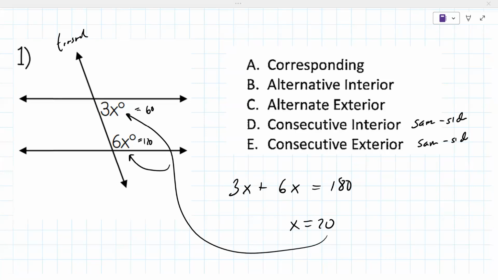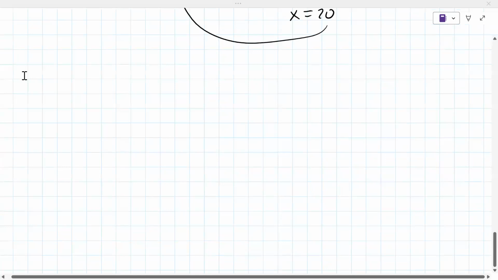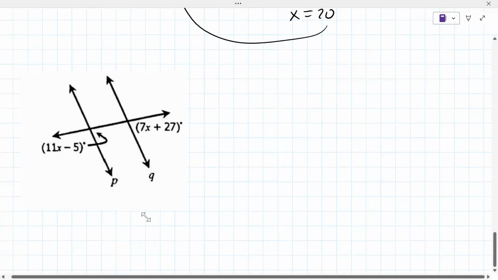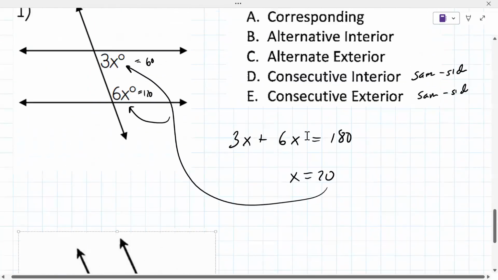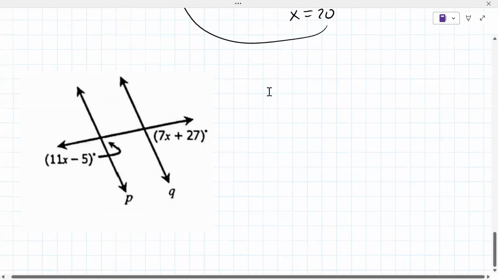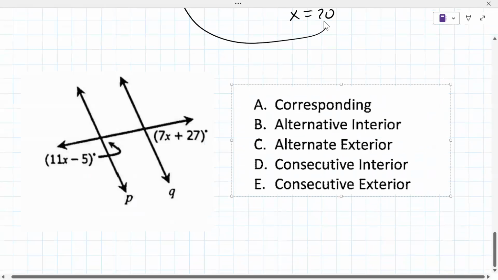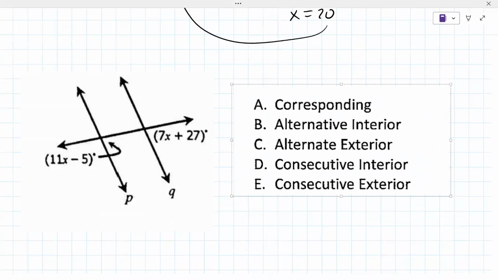All right, a few more problems for us to work on here. Go ahead and tell me what kind of angles these are. I'm going to grab this list again. I think seeing it over and over again could help. What kind of angles are these? Consecutive exterior.